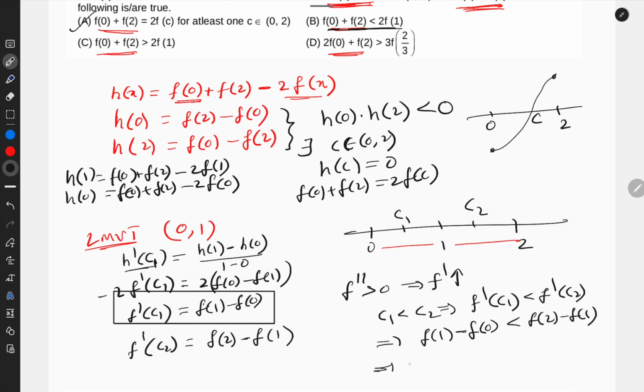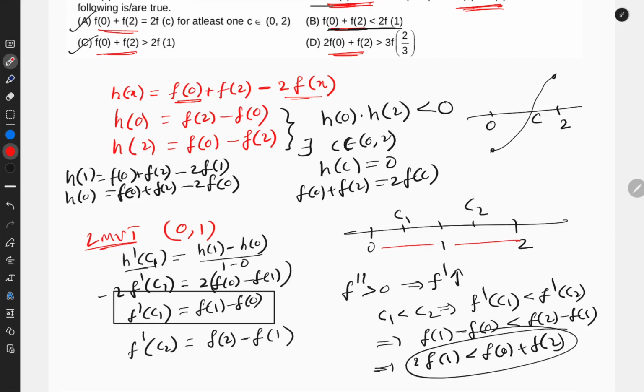So you will be getting 2f(1) is less than f(0) plus f(2). So option C is correct. Next, coming to option D.